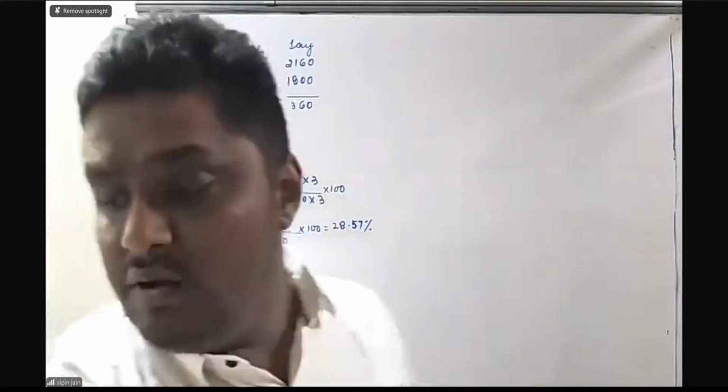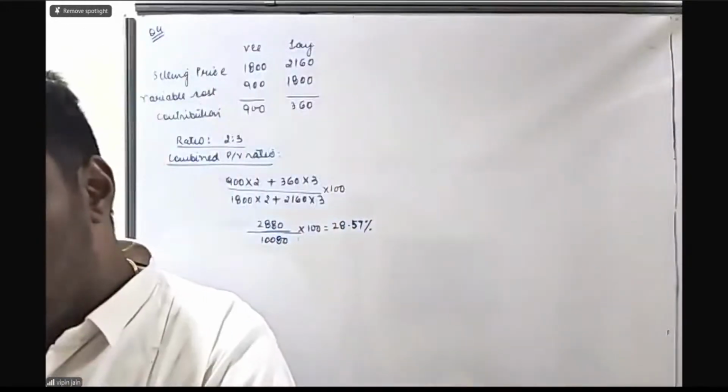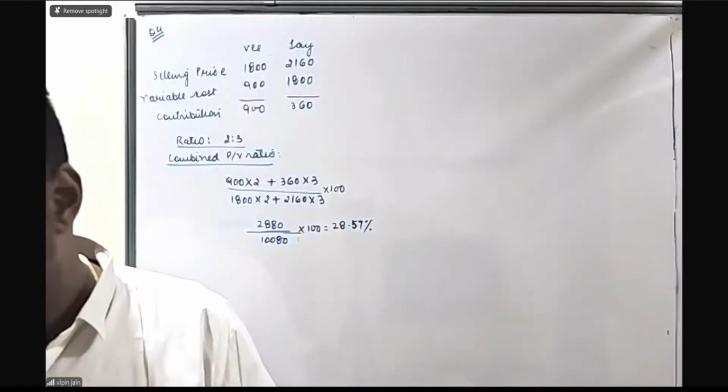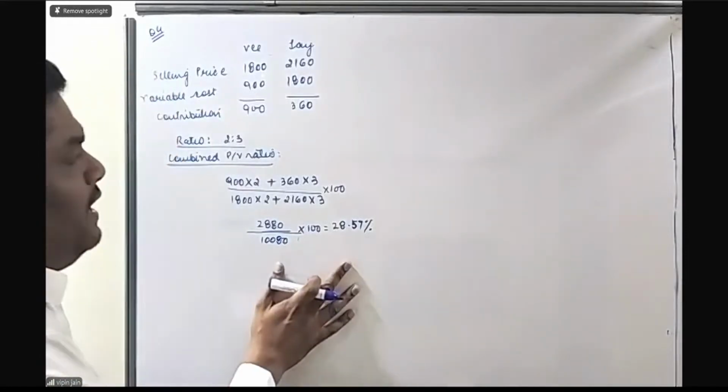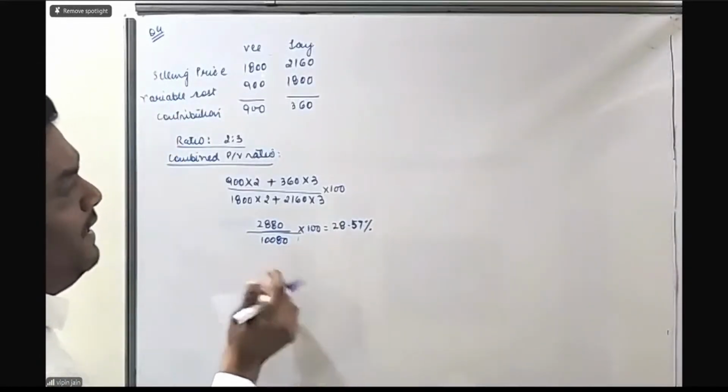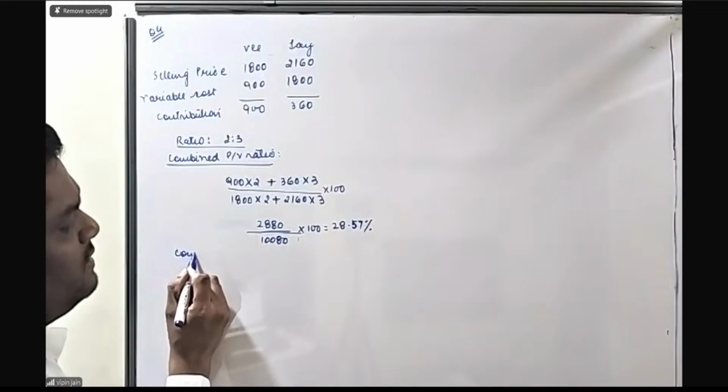If you guys have any doubts in this part, you can please post. So we have got the combined PV ratio. Thereafter, we will calculate the combined break-even sales.